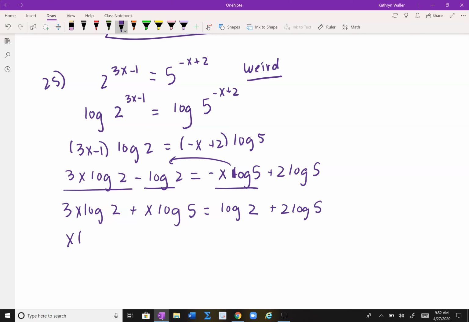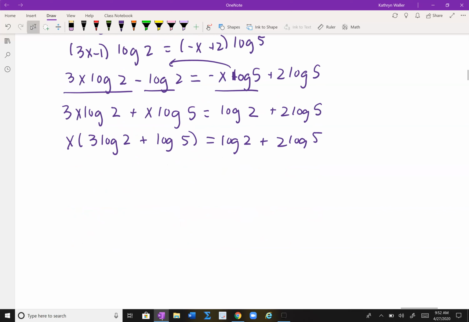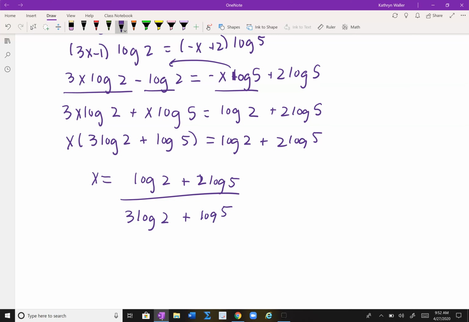Now I'm going to take out an x, and when I do, I'm left with 3 log 2 plus log 5 equals log 2 plus 2 log 5. This is multiplied by the x, so to get rid of it, I'm going to divide. So it's log 2 plus 2 log 5 divided by 3 log 2 plus log 5, like that.